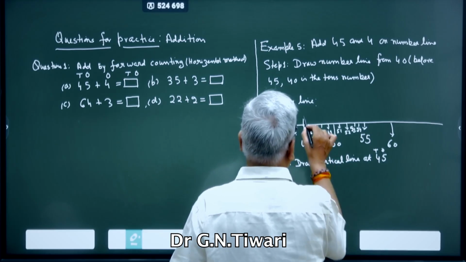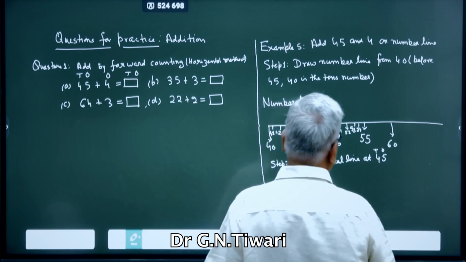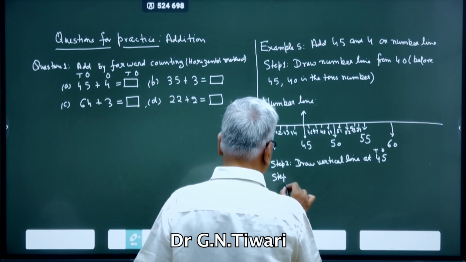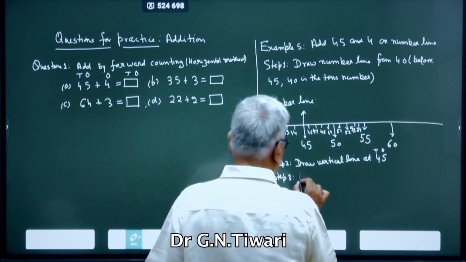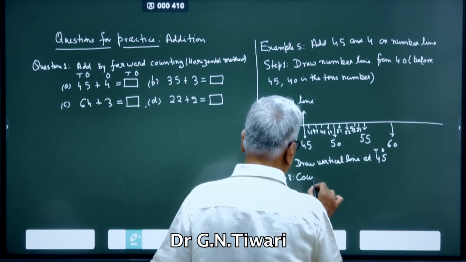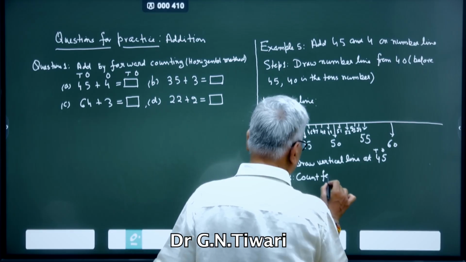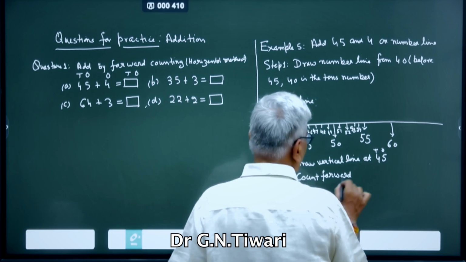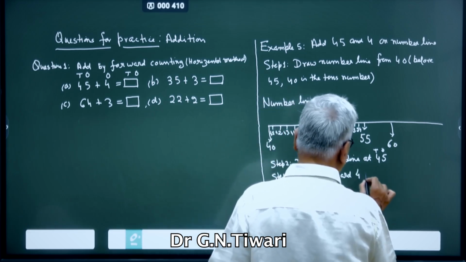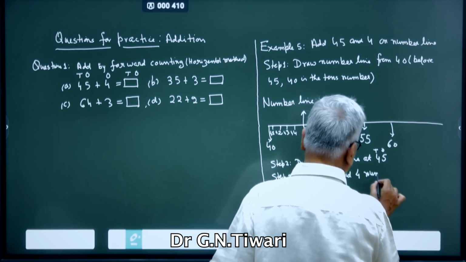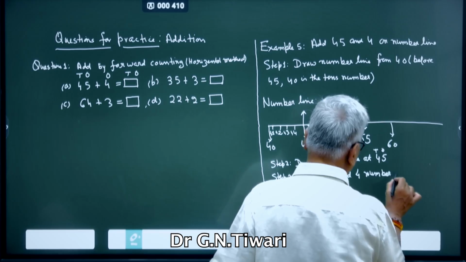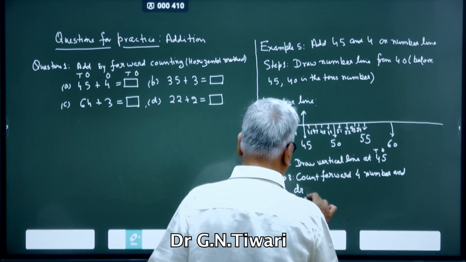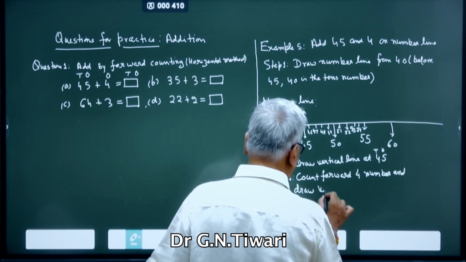So the vertical line is this. Step 3: count forward four numbers and draw a vertical line.